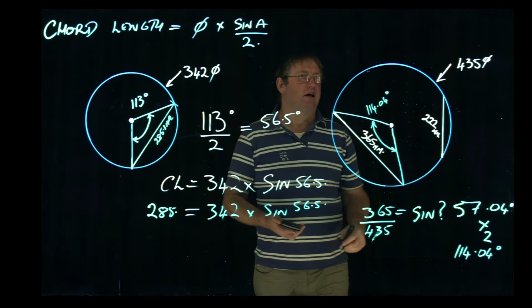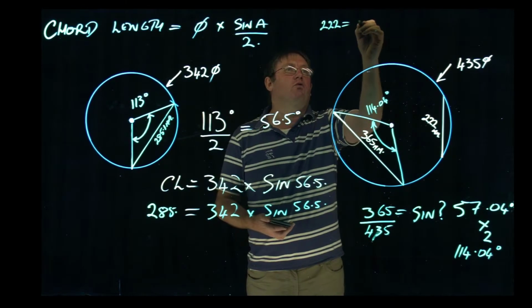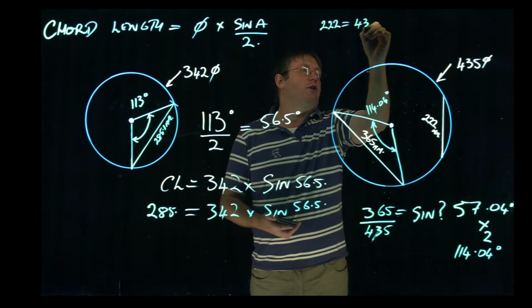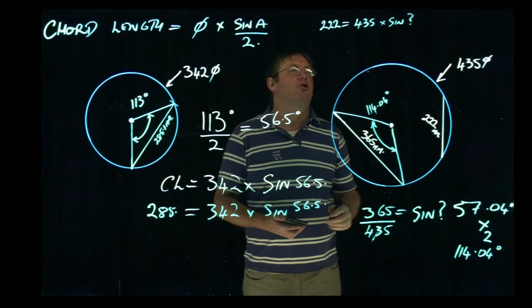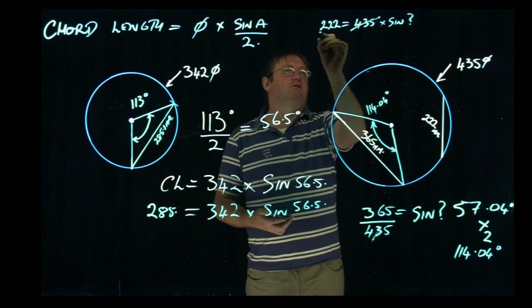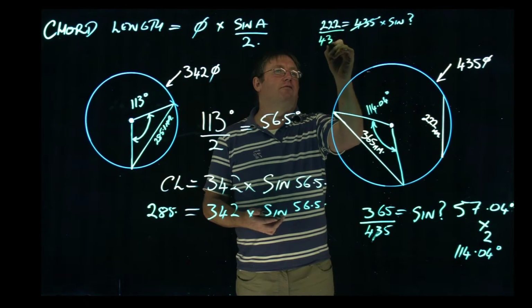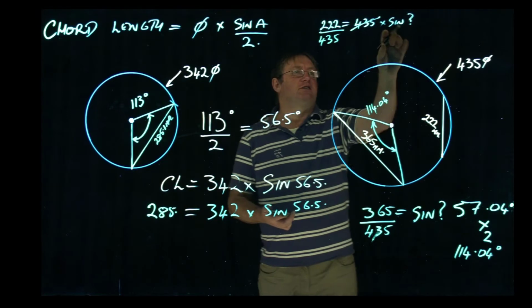So what about this one here, 222? Well, exactly the same way. If we had 222 equals the diameter, 435 times sine, trying to determine that. So in order to get back to sine, we remove this on this side and divide. 222 divided by 435 gets us to the sine point.